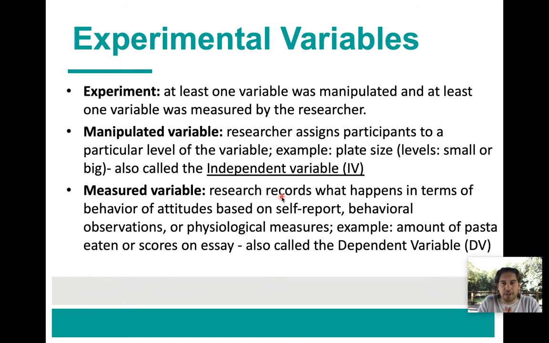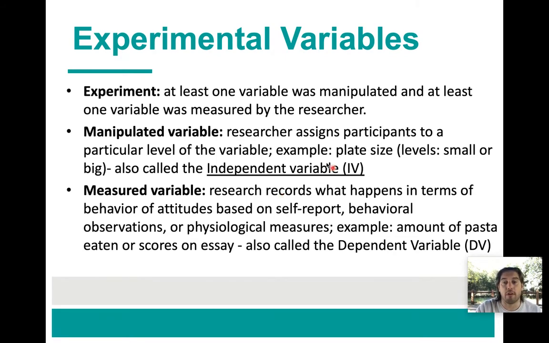So we're manipulating something in the world, and then we're measuring the outcome of another variable. We're hypothesizing that the manipulated variable is going to cause a change in the measured outcome variable.